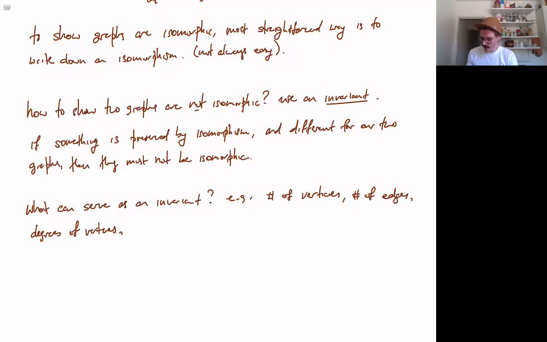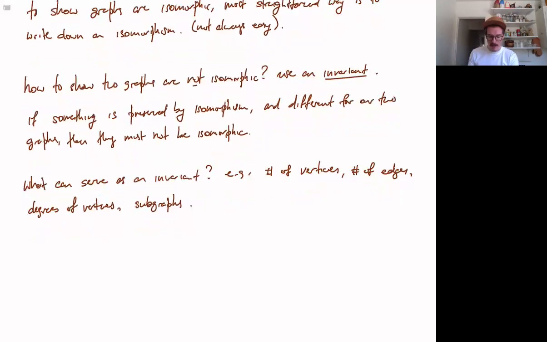So degrees of vertices, subgraphs. So for example, if you have a triangle as a subgraph in this one, but not in this one, again, that means they're not isomorphic.